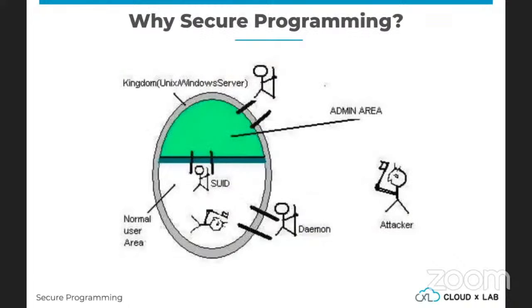Keep in mind this diagram: in a Unix system, there are processes running as root or setuid programs, and they are exposed to the world. Then there are processes running as a normal user and exposed to the world. So the attacker could attack this, or this. To attack this setuid program, the attacker needs to be a user first.